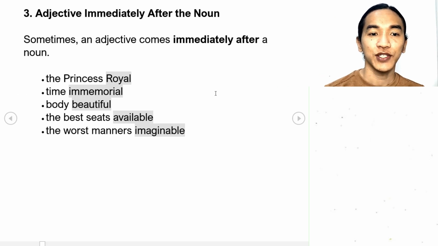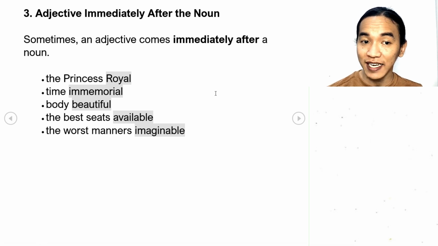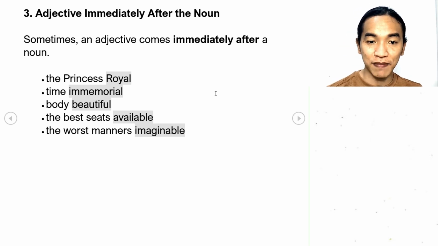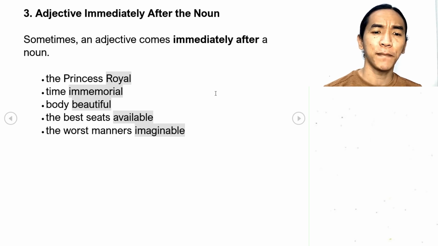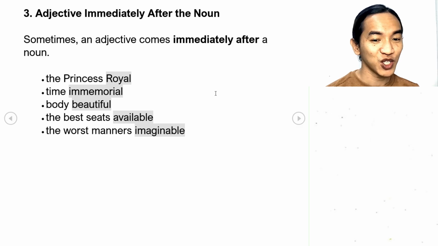Next one. So, adjectives that come immediately after the noun. So, sometimes an adjective comes immediately after a noun. For example, the Princess Royal, time immemorial, body beautiful, the best seats available, the worst manners imaginable.